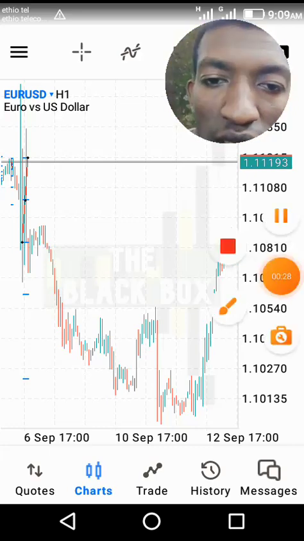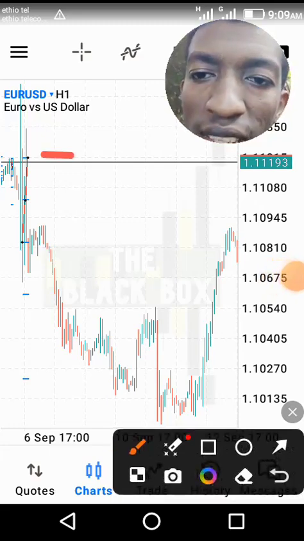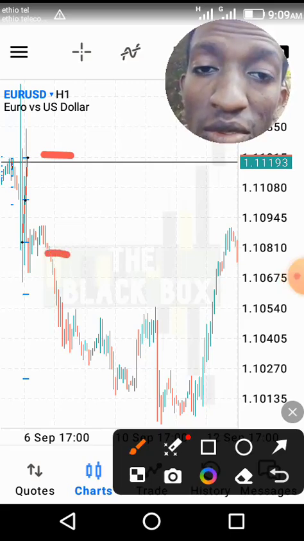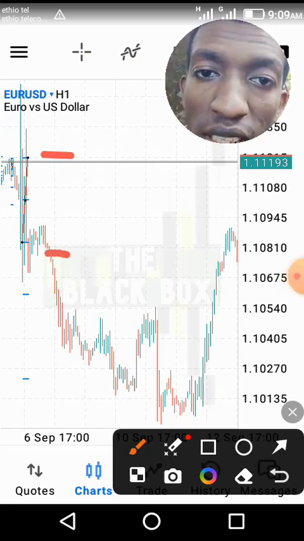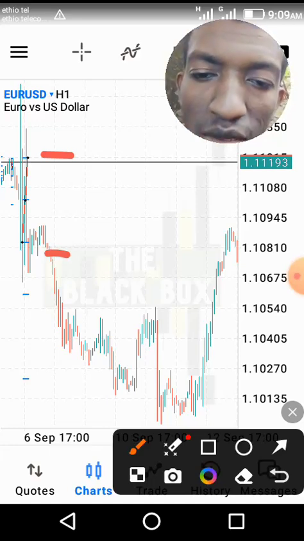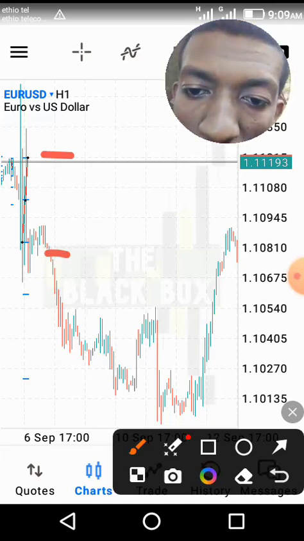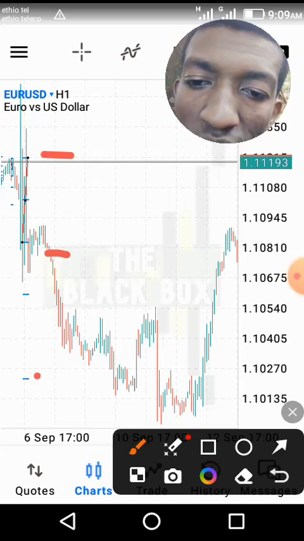Okay, so right here, if you notice, I have measured from the candle's high to the candle's low. That is the breaking candle, the 30 candle. When I project it downward, because the price went in the downward direction, that means I am selling. So right there is TP2.